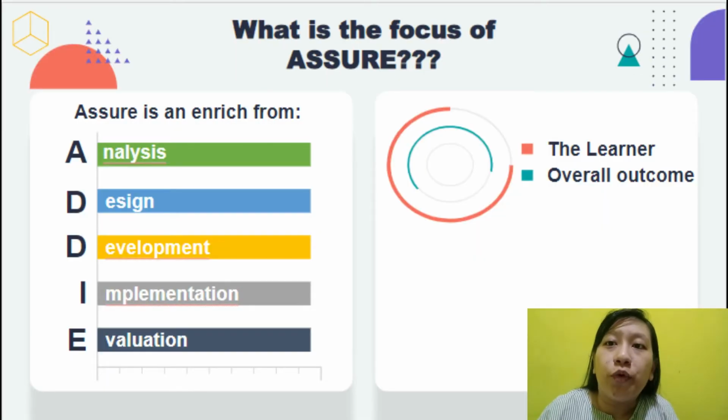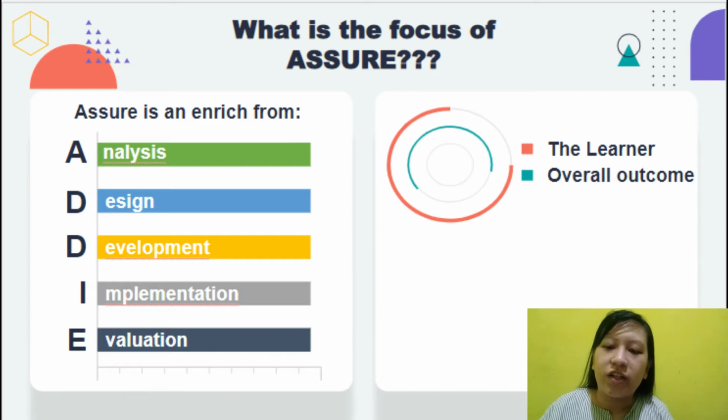Now, we will discuss the focus of Azure. The Azure model focuses on planning surrounding the actual classroom use of media and technology. Azure examines how to plan systematically for the effective use of instructional media and technology.